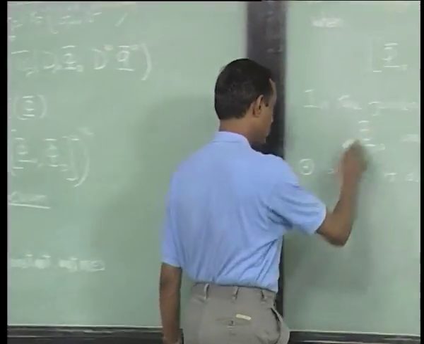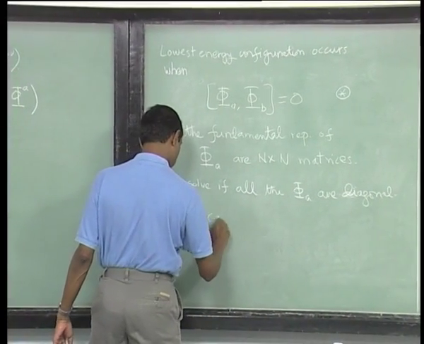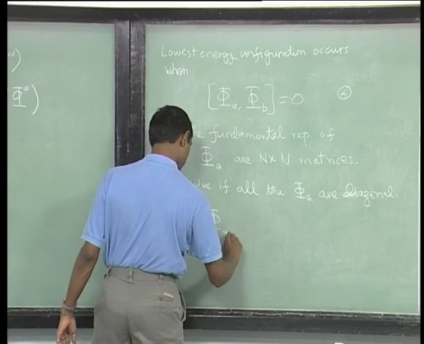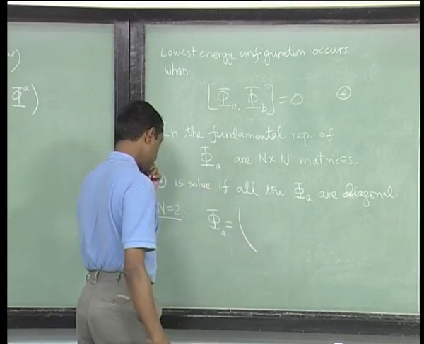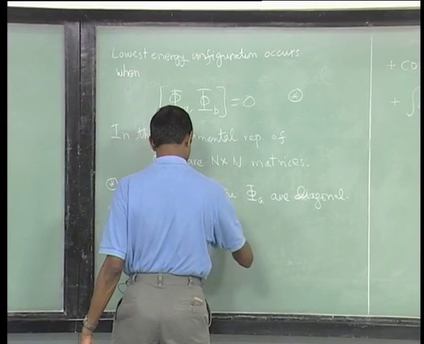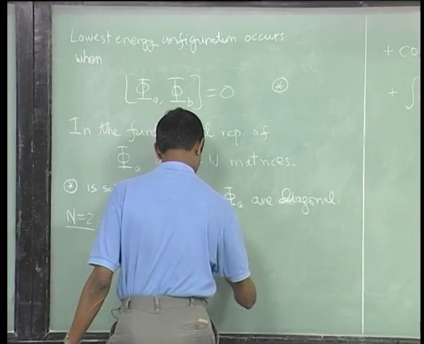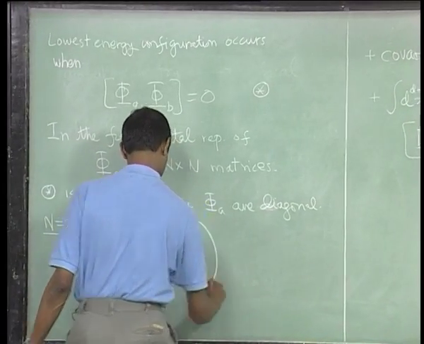Okay. So, let us just take N equal to 2, then you can see that I could write phi_A as the matrix with entries V_A1, V_A2, 0, 0.